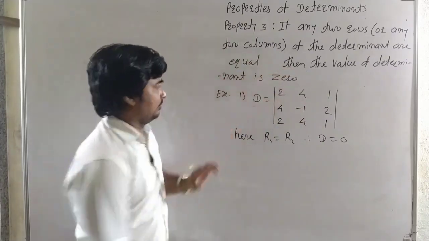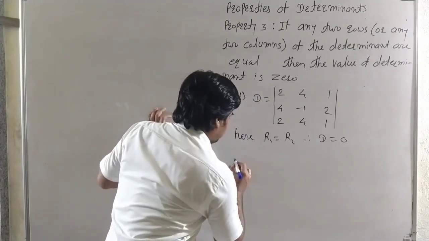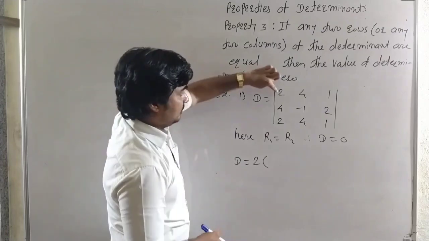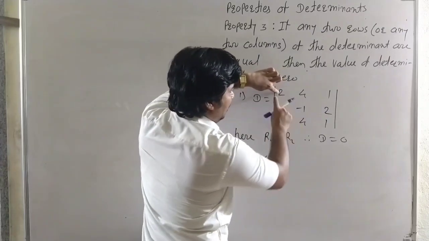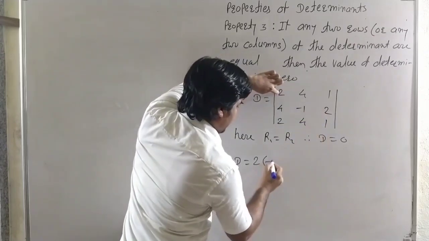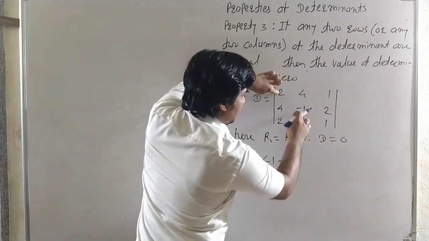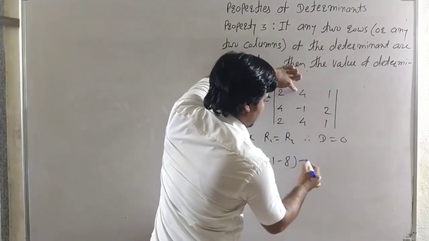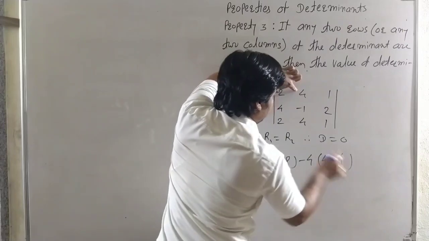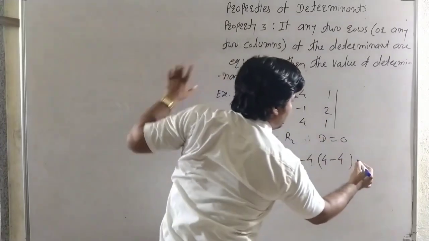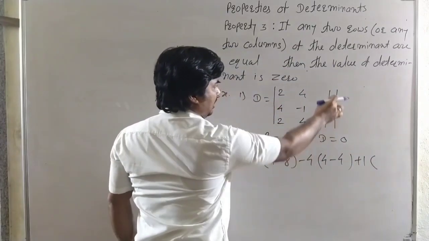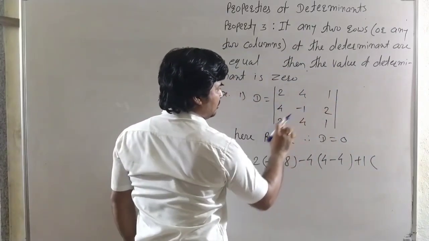Now we check this. D is equal to, see carefully, 2 into, eliminating the row and column, minus 1 2 4 1. It is minus 1 minus 8. Change the sign of the middle term, minus 4 into 4 minus 4. Plus 1 into, again eliminating the row and column, 4 minus 1 2 4.